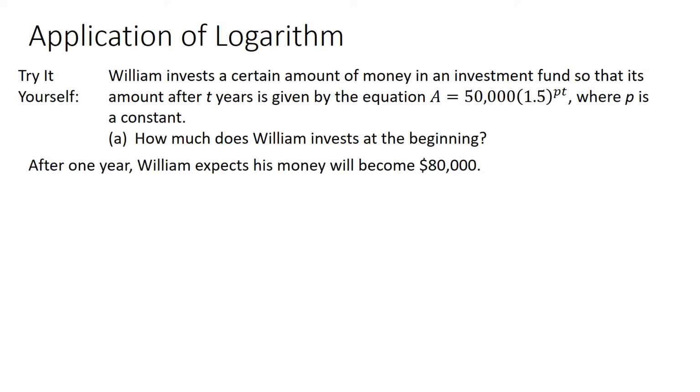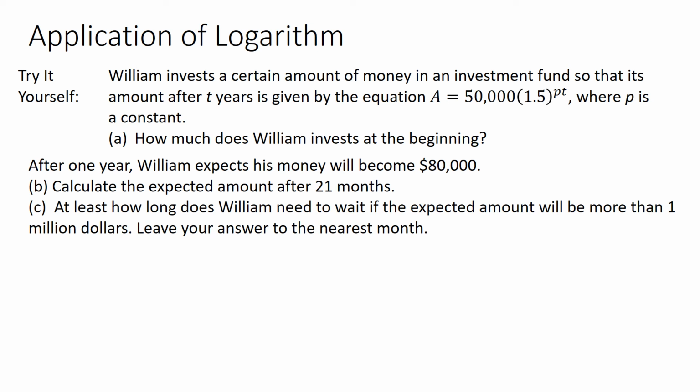B. After 1 year, William expects his money will become $80,000. Now, calculate the expected amount after 21 months. C. At least how long does William need to wait if the expected amount will be more than $1 million? Leave your answer to the nearest month. You can pause the video and try to do it yourself.